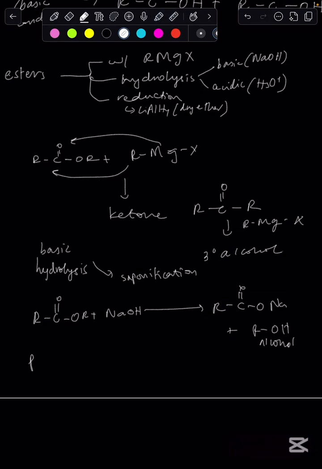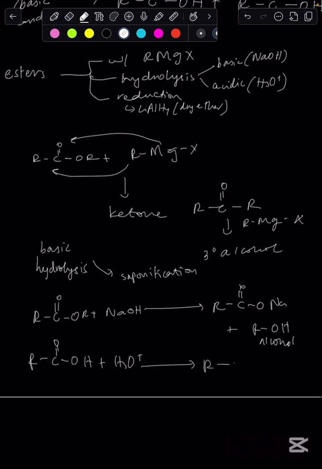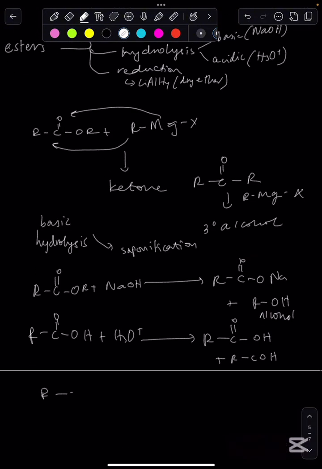And then with acidic hydrolysis, we form a carboxylic acid and an alcohol. So moving on, we may see the reduction. The reduction of esters with lithium aluminum hydride in the presence of dry ether would give us a 1-degree alcohol.